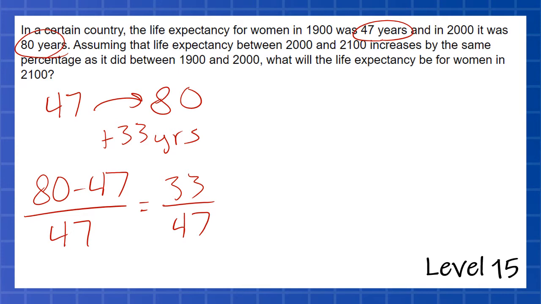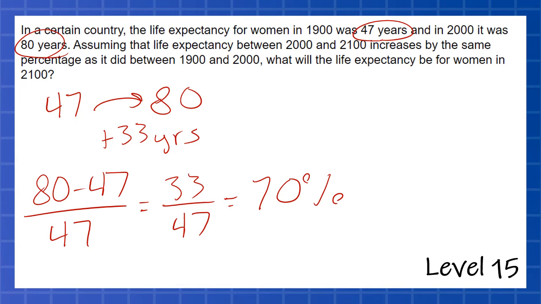That's going to give me my percent increase. If I use my calculator, I get 33 divided by 47. And so that's 0.70 or 70%.